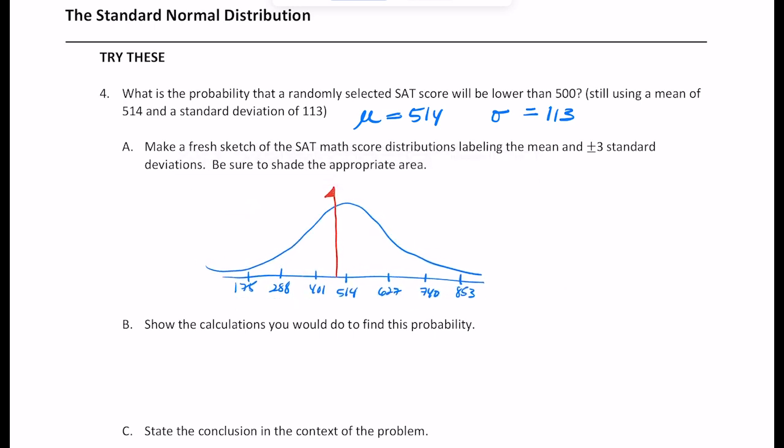So the first thing I need to do is I need to find the z-score for 500. And I believe that was found earlier, but it's okay to practice. You have 500 minus 514 divided by 113.